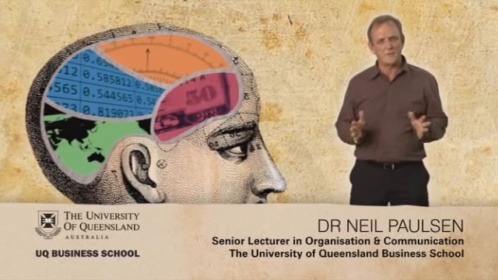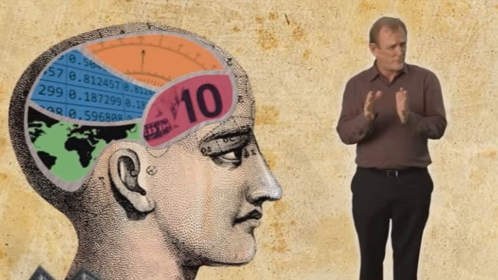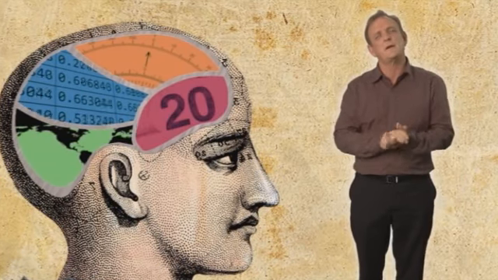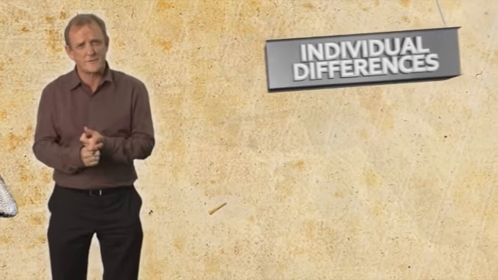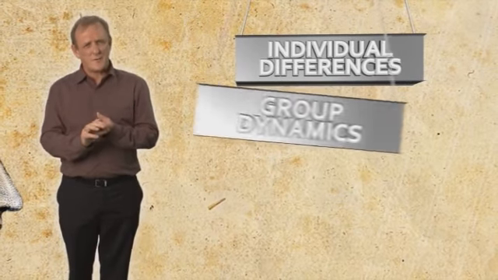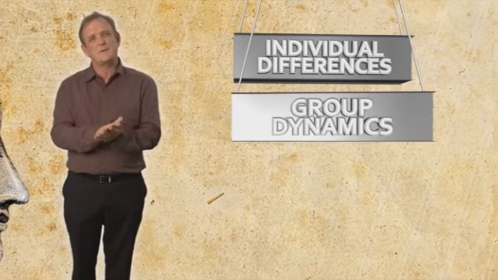For quite some time now, I've been interested in the dynamics of groups and how they become effective, and in particular I'm interested in the role of leadership in making groups and teams effective. In this particular course we focus on a number of key issues that help us understand that, including the role of individual differences, and then move on to a discussion around group dynamics and how leadership and leadership style has an impact on group dynamics.